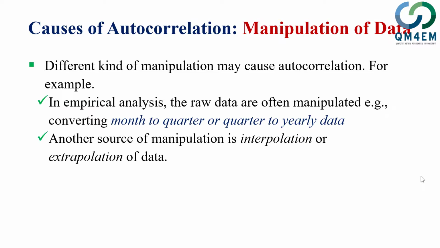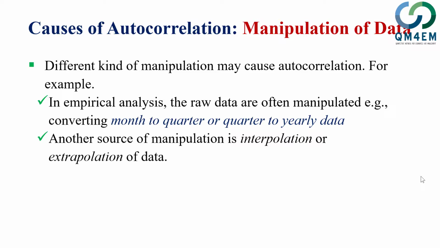Sometimes we do interpolation or extrapolation of the data, that may also cause autocorrelation. Interpolation refers to a case when you know two values and you try to find a value within that range. For example, if I know the value of year 1960 and the value of 1965, I try to calculate the 1963 value using some interpolation techniques.